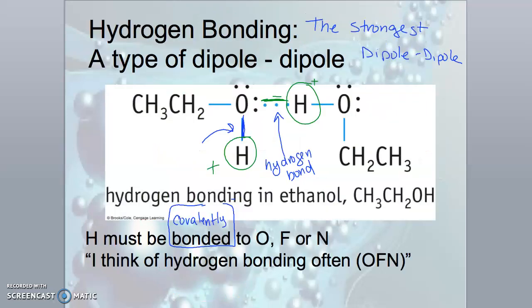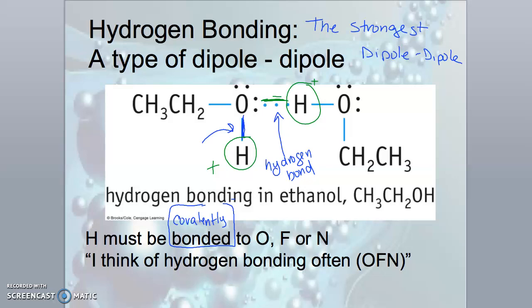Hydrogen bonding is a special type of dipole-dipole, and it's really strong. It's what we consider the strongest dipole-dipole. And we have hydrogen bonding when hydrogen is covalently bonded to an oxygen, fluorine, or nitrogen.